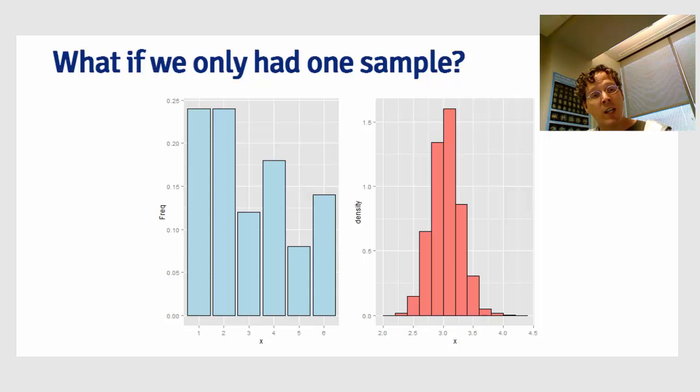We use our observed data to construct an estimated population distribution. We simulate from that population distribution to figure out the distribution of a statistic that we're interested in. And that's the basic idea.